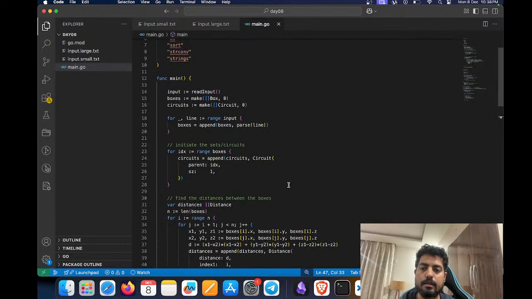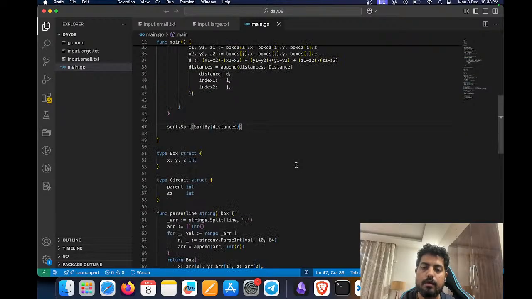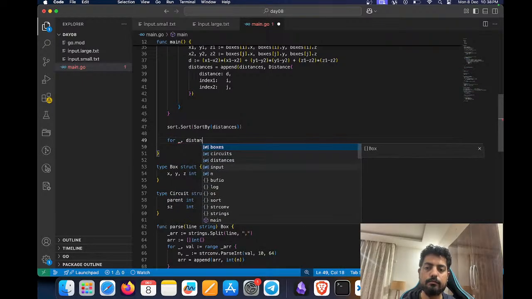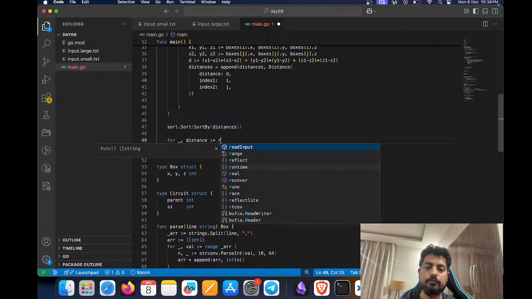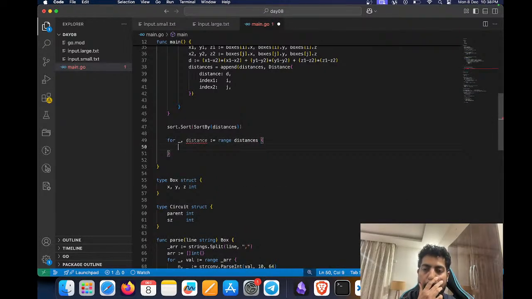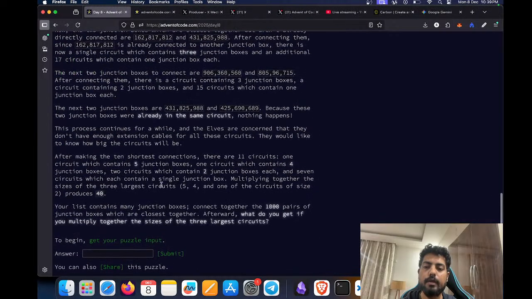Now once it is done, what are we going to do here? Okay, for each distance, if it is shortest, we merge it to the set. And we do it 10 number of times.